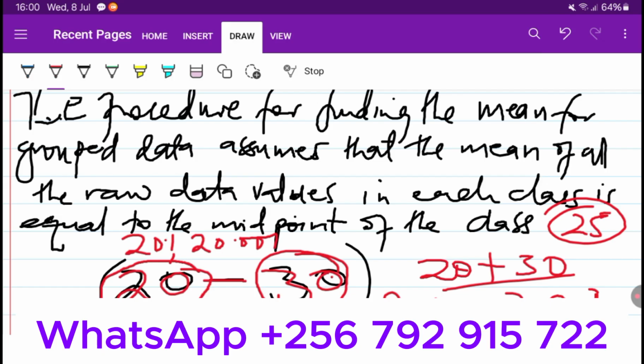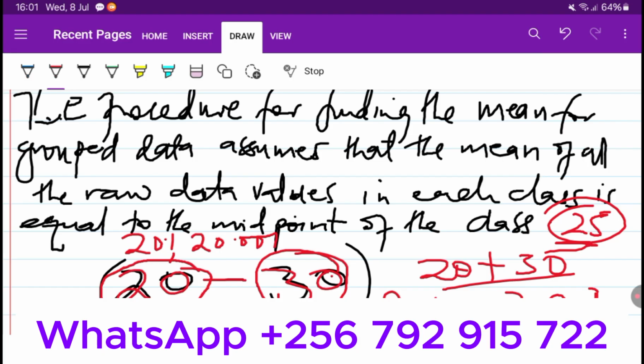However, if you are using this procedure, we have some approximations of the mean, since some of the values may fall above the midpoint and others may fall below the midpoint for each of the classes, and the midpoint may represent an estimate of all values in the class. So this 25 that we have gotten here is assumed to be the representative value for all the values that belong to that class.